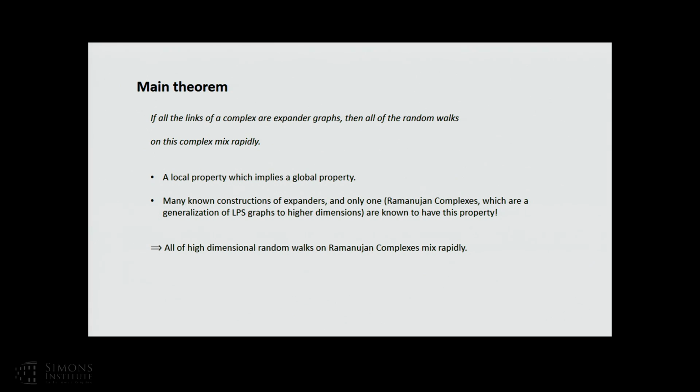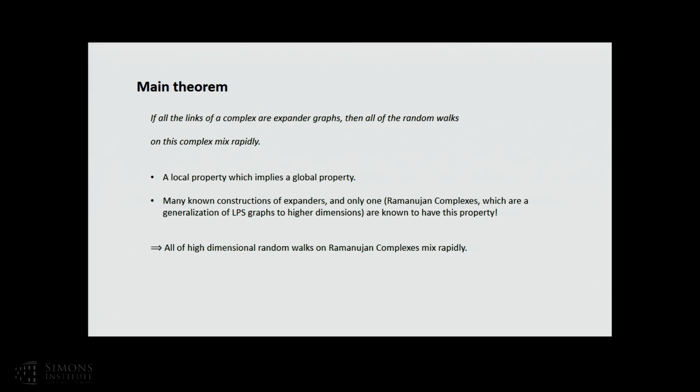And this property is very interesting since we know there are many constructions of expanders, but only one achieves this property that all the links are expanders, which are the Ramanujan complexes. So our conclusion is that Ramanujan complexes are high-dimensional expanders in the sense that all random walks on them mix rapidly.